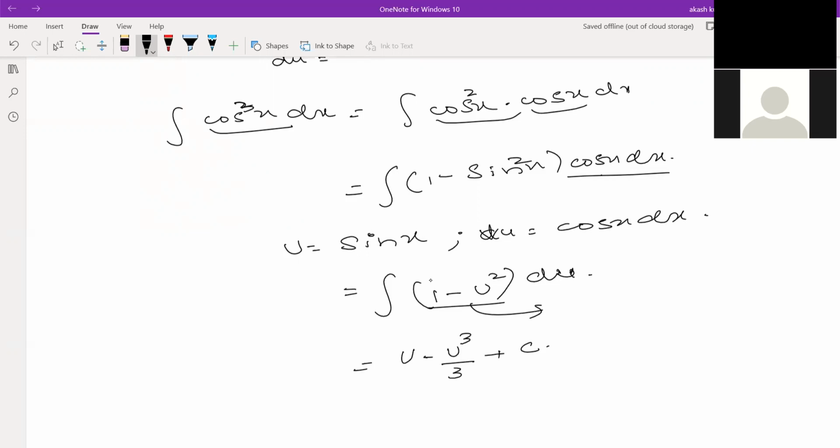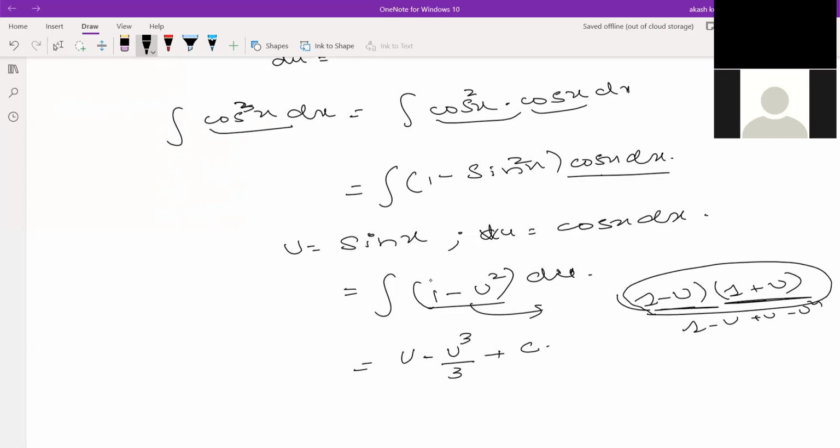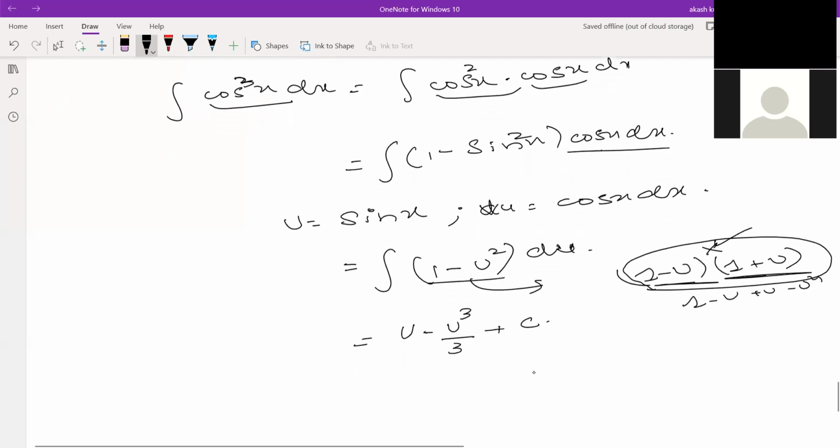If I have to expand it, it's going to be 1 minus u plus u minus u squared. Then I'm going to get two functions that are multiples of each other, so I complicate it more when I do this. It's going to be more complicated. Okay, thank you.